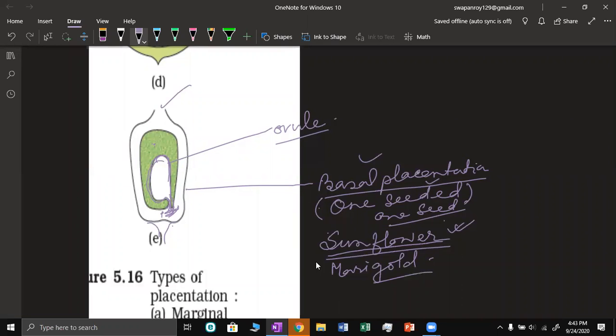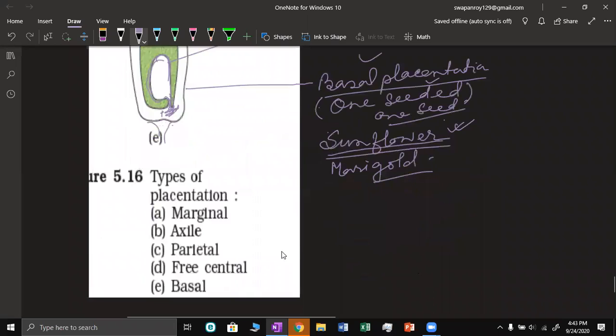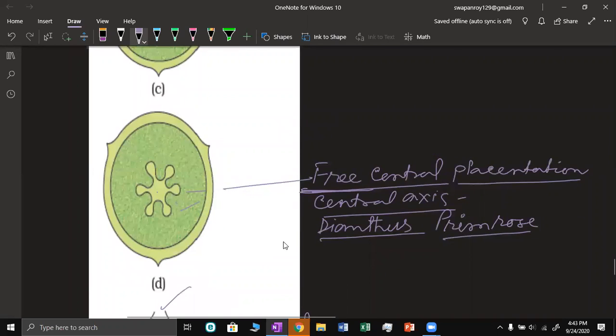So here are the placentation types: marginal, axile, parietal, free central, and basal. These are the main five types of placentation.